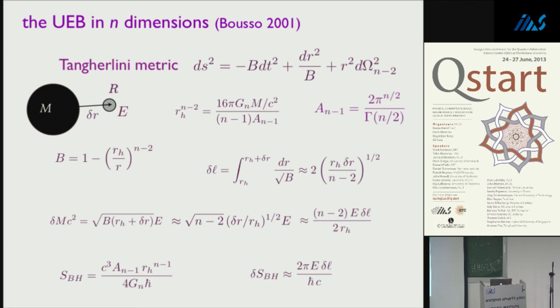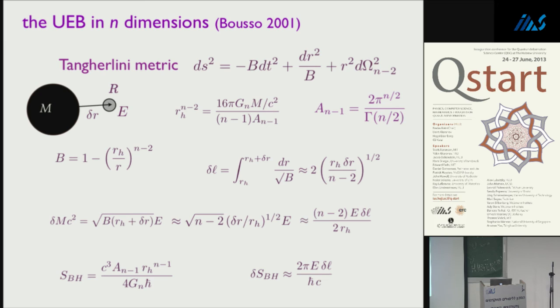You need to multiply the energy of the object by the redshift factor, square root of that, at the point where the object was sitting, and you can actually do the calculation and convert it into an expression that contains the physical distance at which you drop the system. And this physical distance cannot be smaller than r, the radius of the sphere. So now you write the black hole entropy for n dimensions.